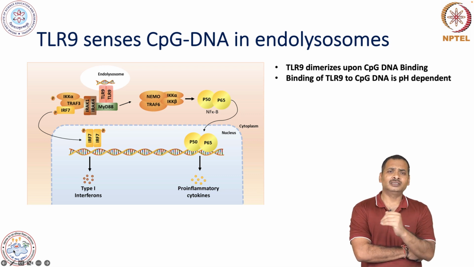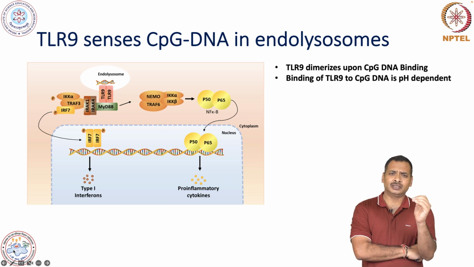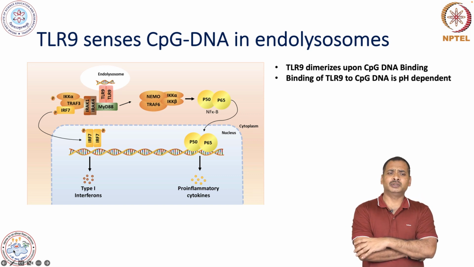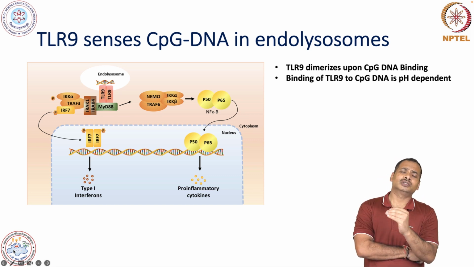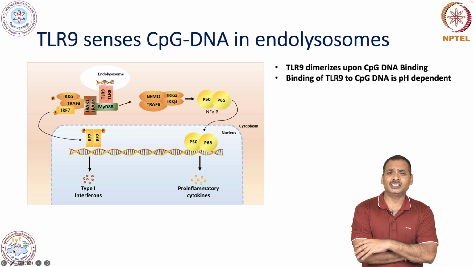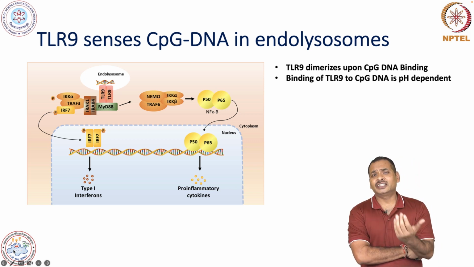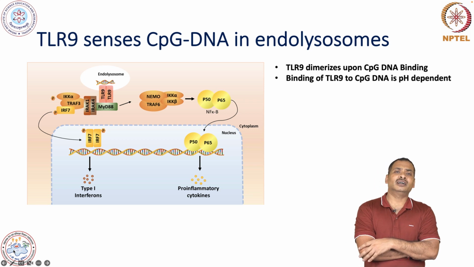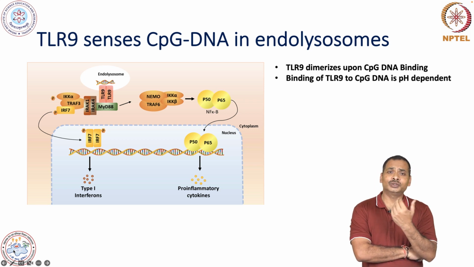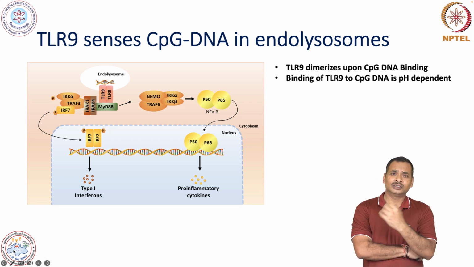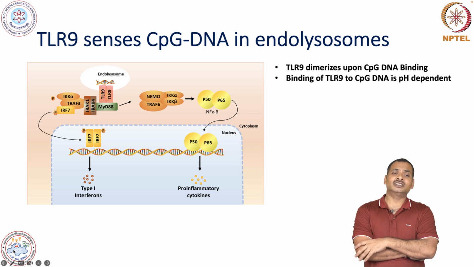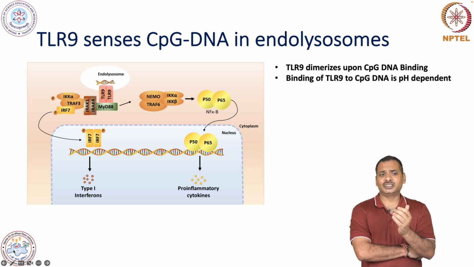On the other hand, upon sensing, this will also recruit MyD88, and MyD88 activates IRF7. I have told you this is a transcription factor. MyD88 directly activates IRF7 via various protein complexes.